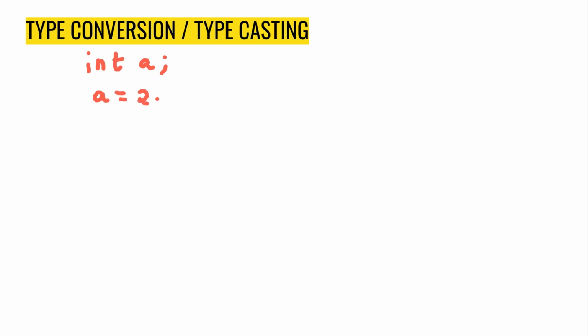a is equal to 2 into (3.25 plus (3 plus 6)), so that is a sub-expression, divided by 2, another sub-expression. Here the value 2 is of integer type. Then we have 3.25 which is of float type. Then we have 3, 6 and 2 which are of integer type.